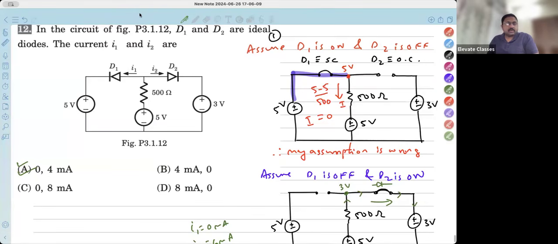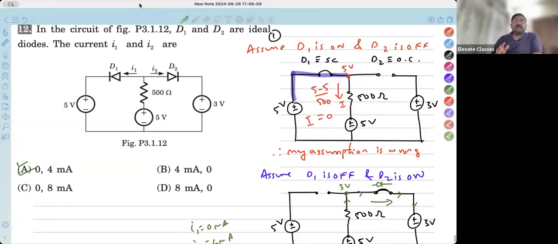Whenever your paper is, I think the third is your paper, right? If there's a diode question, don't panic. I think when it comes to diodes, BJTs and op-amps, students get more confused in diodes. BJTs and op-amps are much more straightforward.